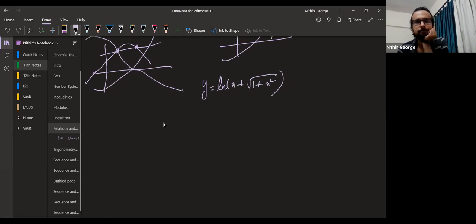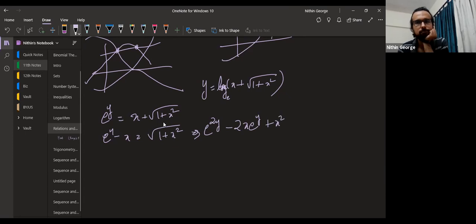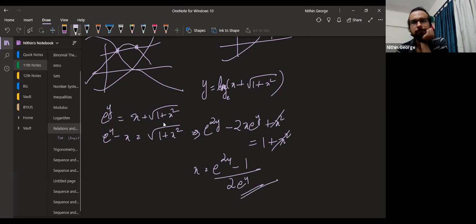Okay. So, f inverse in terms of x will be e power 2x minus 1 divided by e power x. Right?